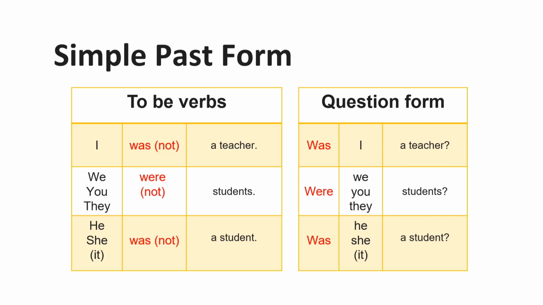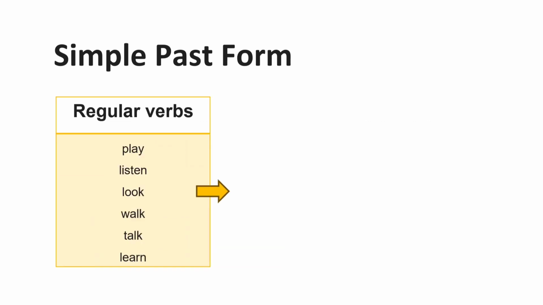Was she a student? Now, if we look at main verbs, we have to divide them into two groups for simple past form. We can have one group called regular verbs, which are verbs like play, listen, look, etc., that take ed to change into the past form.